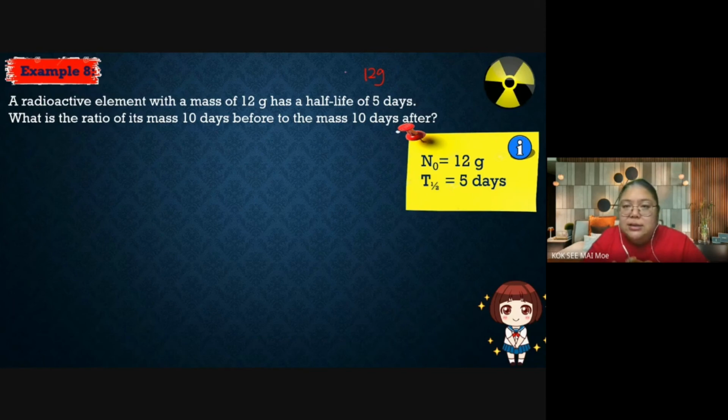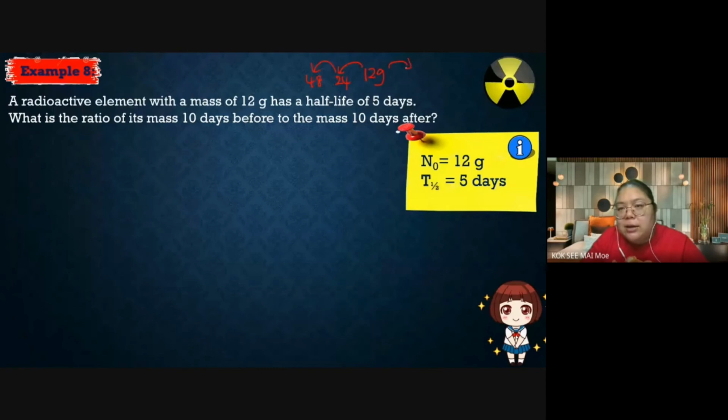Before 10 days, 10 days means 2 half-lives. So 1 half-life becomes 24, times 2 again, 48. This is before 2 half-lives. After 2 half-lives, 6, again 3. So they want to find the ratio 48 and 3.